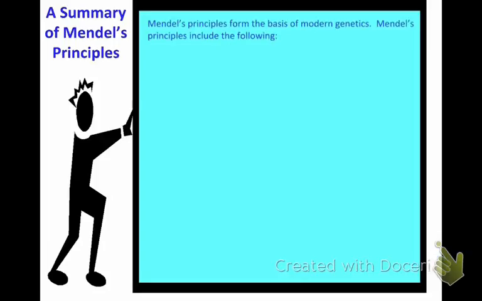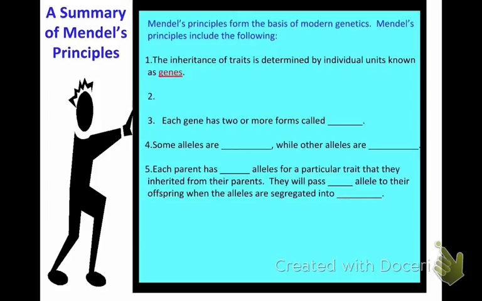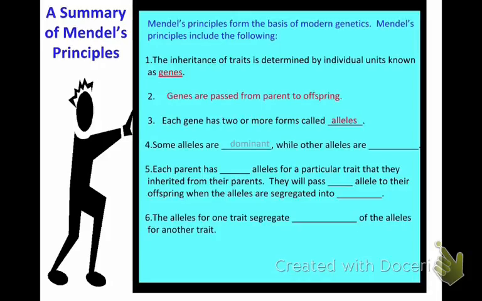So, summary of Mendel's principles. We're almost done, you guys. Mendel's principles form the basis of modern genetics. His principles include that the inheritance of traits is determined by individual units known as genes. Each gene is passed from parent to offspring. Each gene has 2 or more forms called alleles. Some alleles are dominant, while other alleles are, very good, recessive.